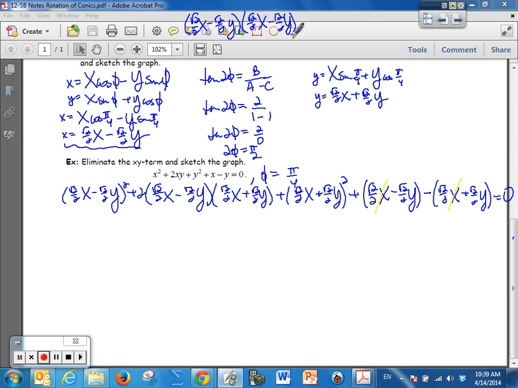So that's going to give me 2/4 x squared. And then the outside would be a minus 2/4 xy. Inside, a minus 2/4 xy. And the last, plus 2/4 y squared.